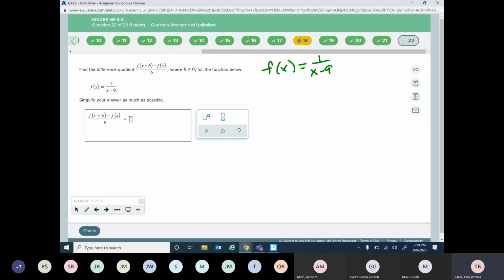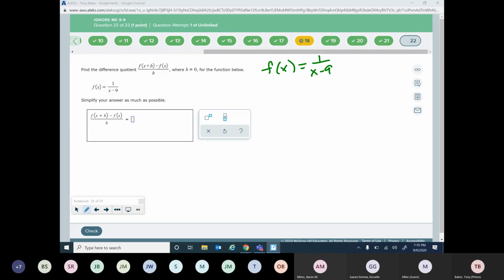And then my f of x plus h is 1 over x plus h minus 9. So I have 1 over x plus h minus 9 minus 1 over x minus 9.